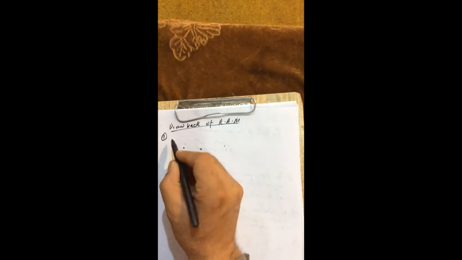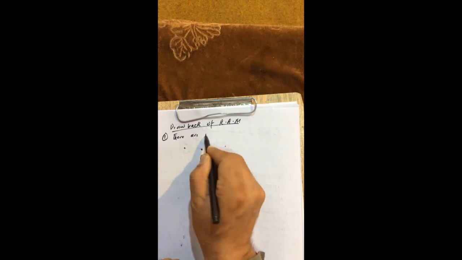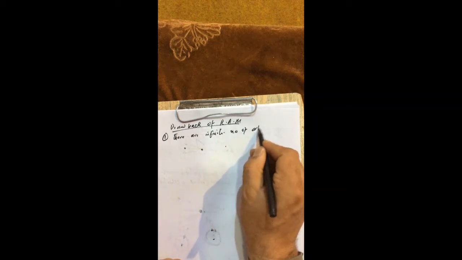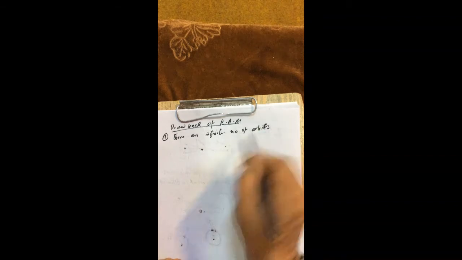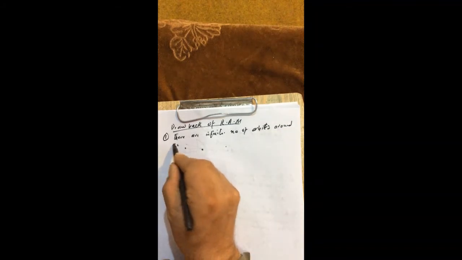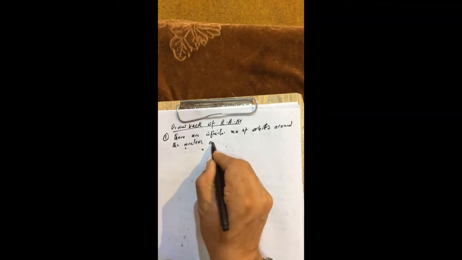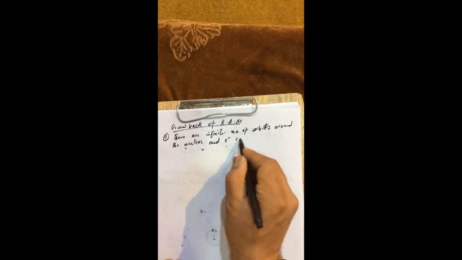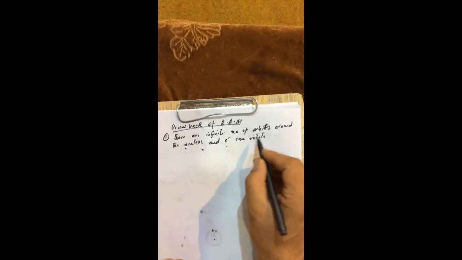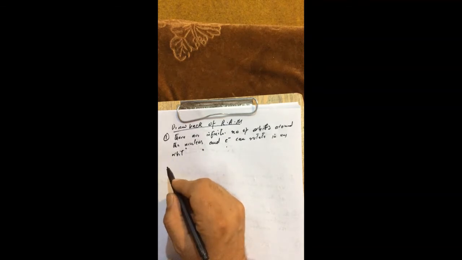The first drawback is, according to this model, there are infinite numbers of orbits around the nucleus, and electrons can rotate in any orbit of any radius.